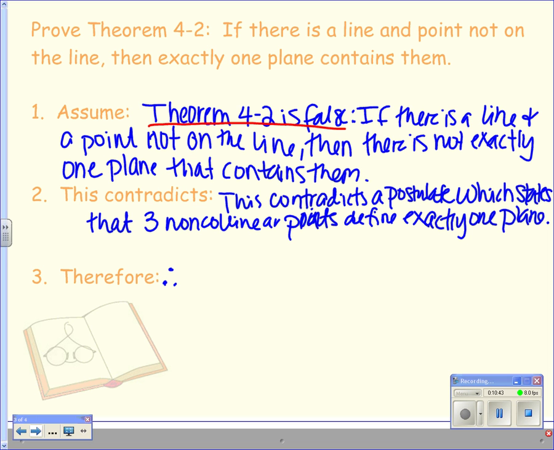Therefore, our assumption that that theorem is false. You could say is false, but I don't want to say is false, so I'm going to say is not true.